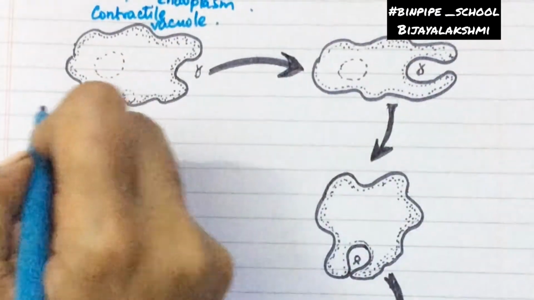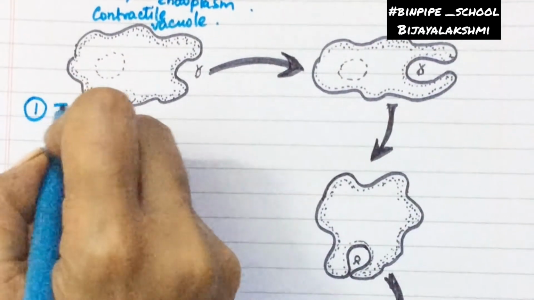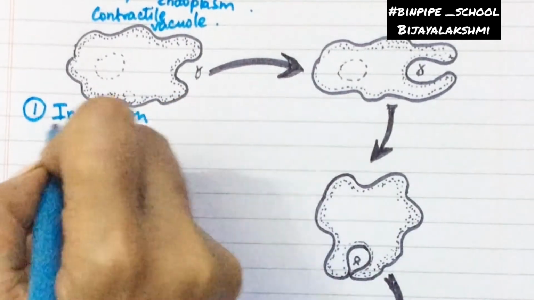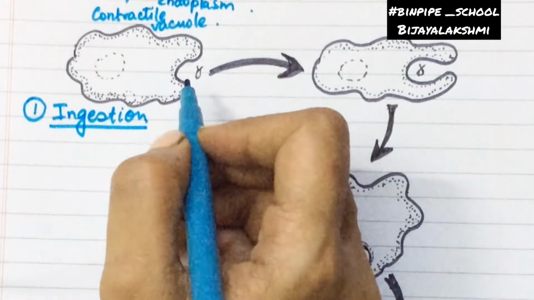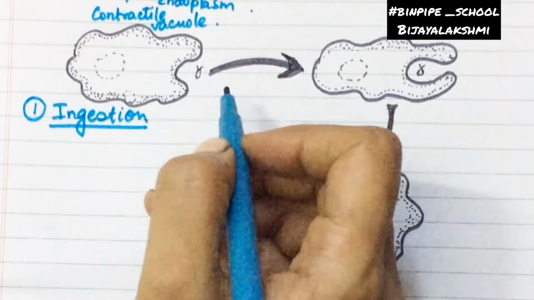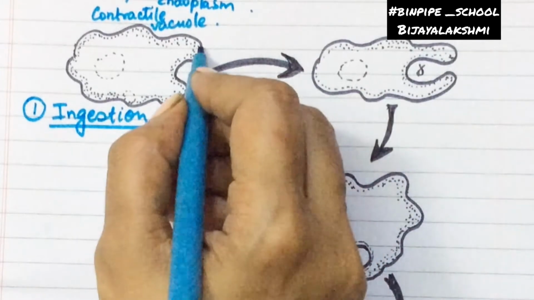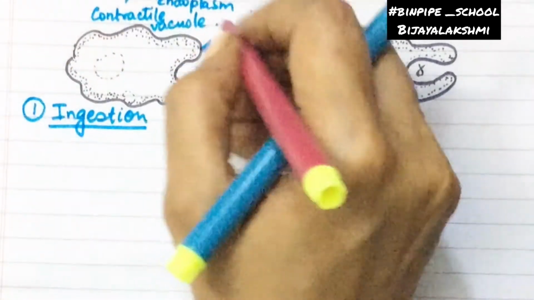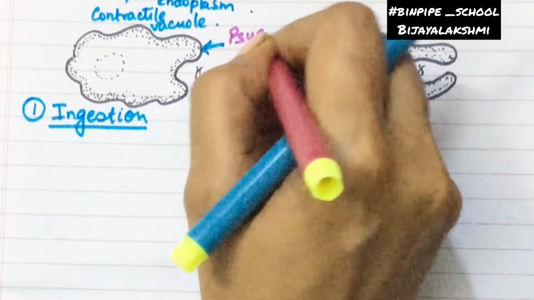The first process of nutrition in amoeba is called ingestion. Now in ingestion, amoeba, since it has no mouth, elongates its pseudopodia. What are pseudopodia? Pseudopodia are false feet.